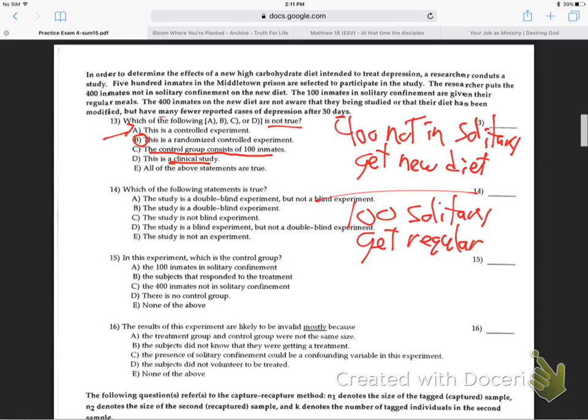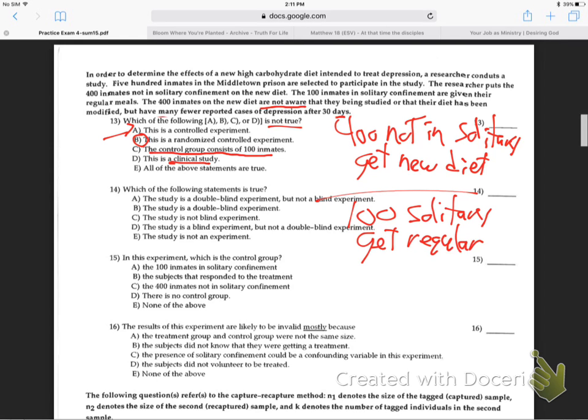Which of the following is true? Is it double blind, or not blind? What's the story on the blindness? Did the people know they were getting the change? No, they're not aware, so it's blind at the least.